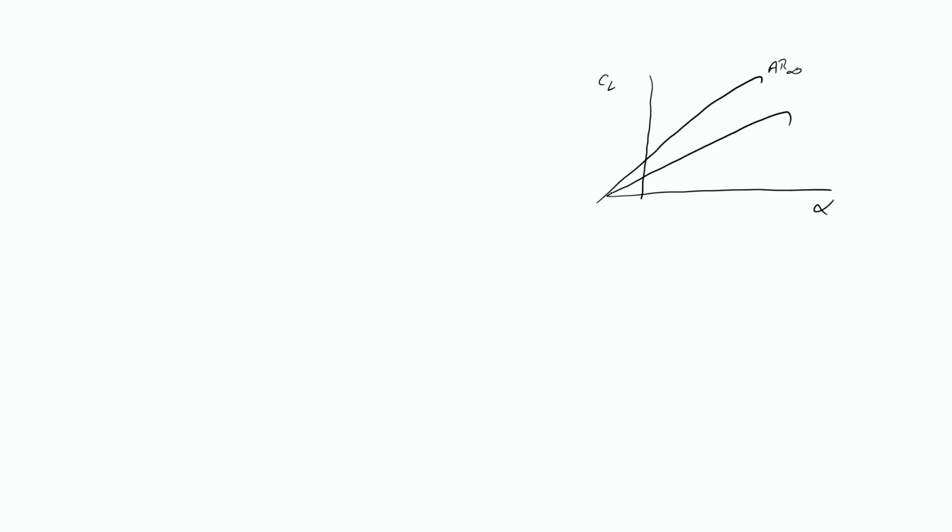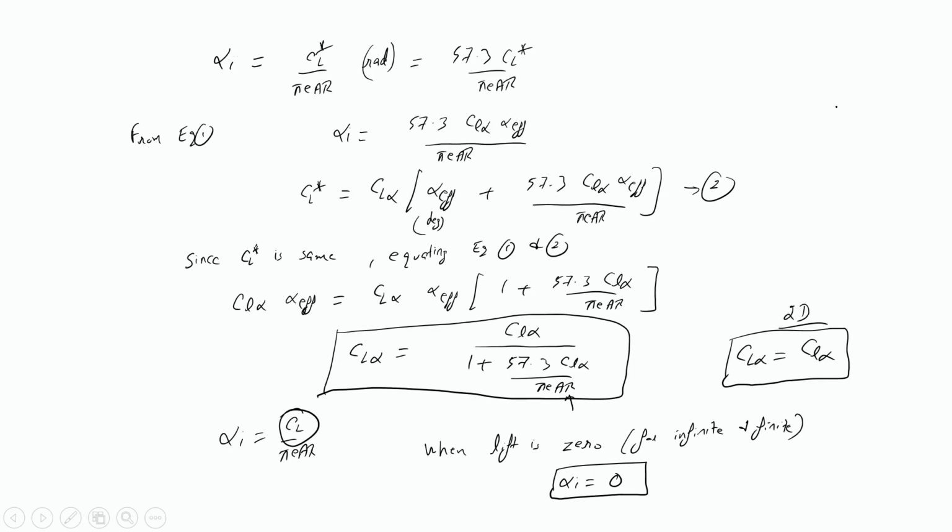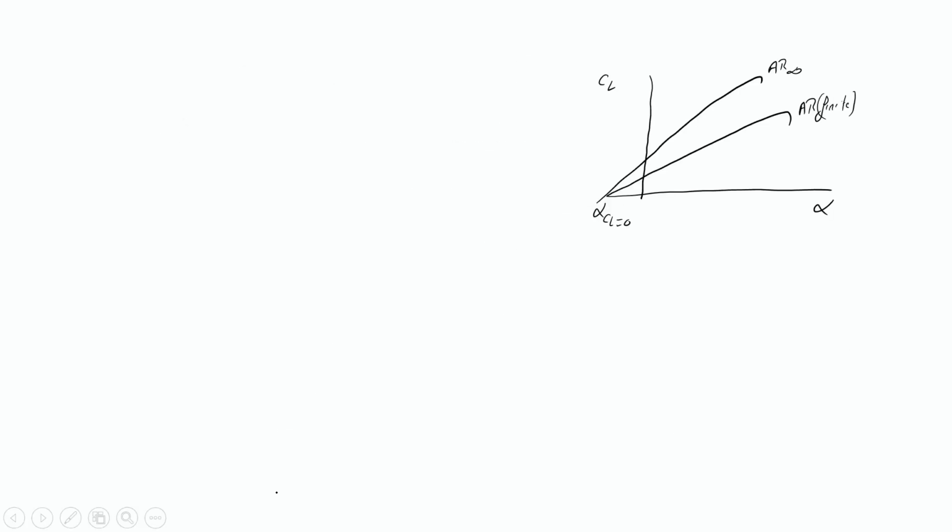Okay. So here we have alpha at which CL equals 0. So this is for aspect ratio finite. Alright. So since at CL equals 0, there will be no induced angle of attack, that is why this alpha at which CL equals 0, that point will remain the same for both the curves.